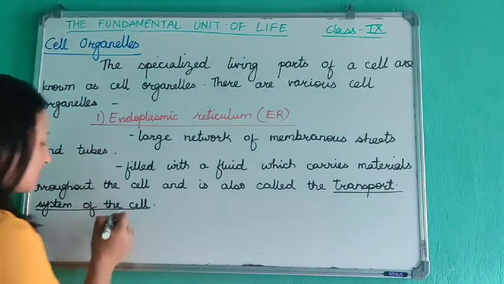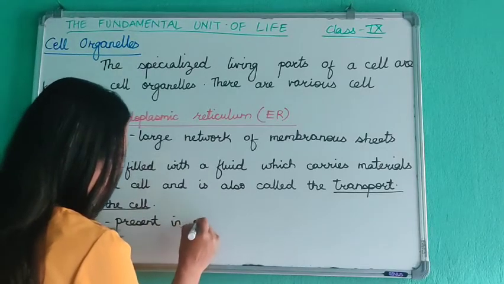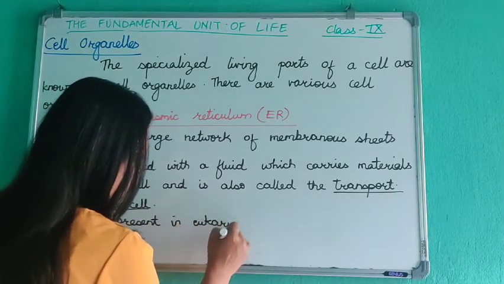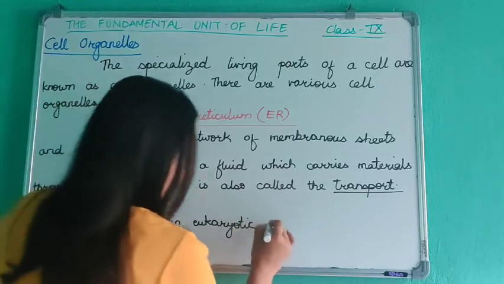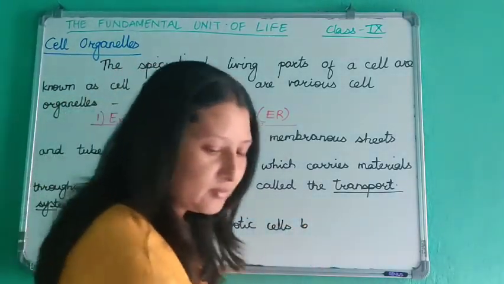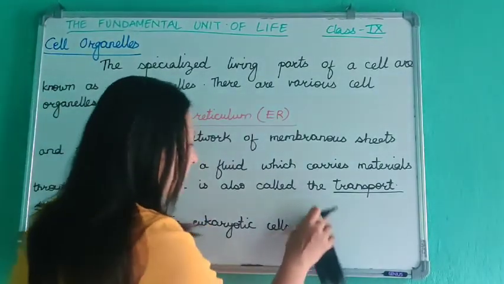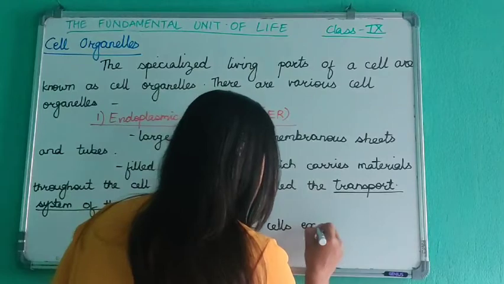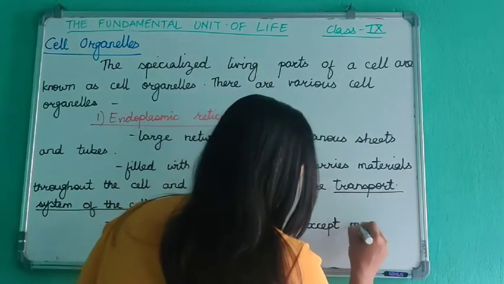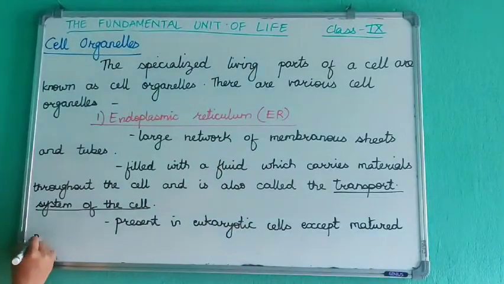Endoplasmic reticulum is present in eukaryotic cells. Okay, present in eukaryotic cells except matured RBCs.